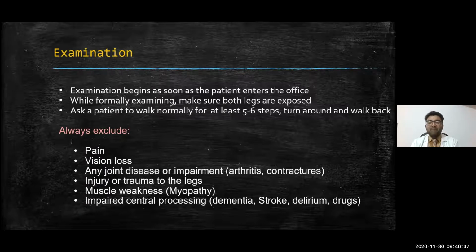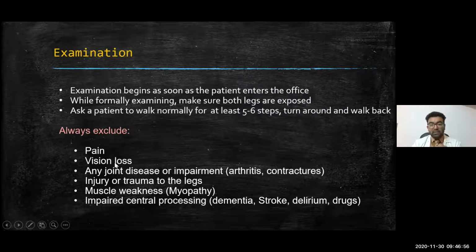So probably it might not be a neurological problem. It is just an abnormal gait due to pain. So before thinking about any neurological causes, always ask the patient whether the patient is having pain or not.